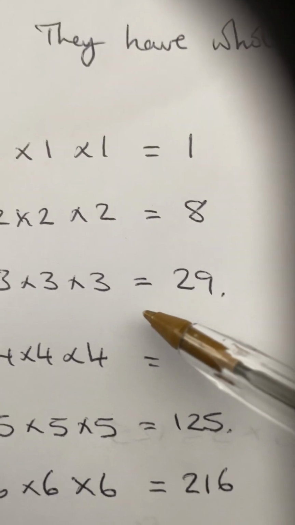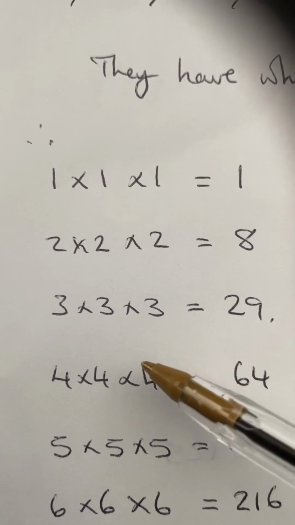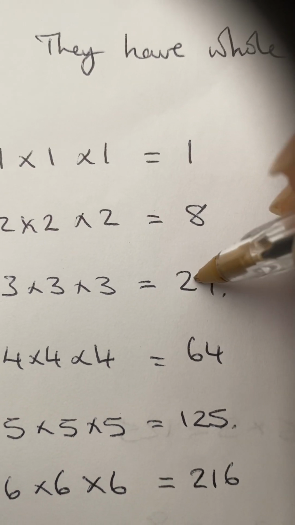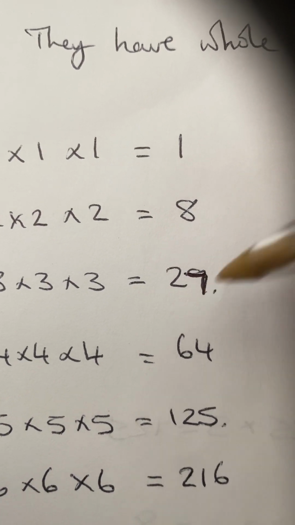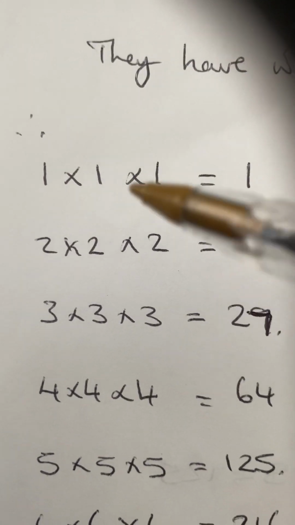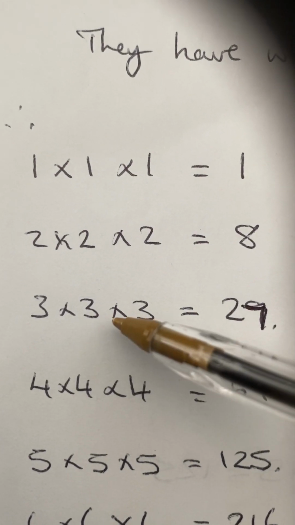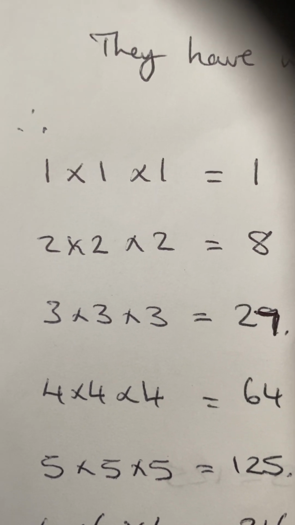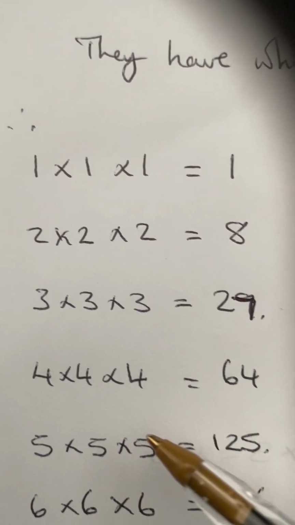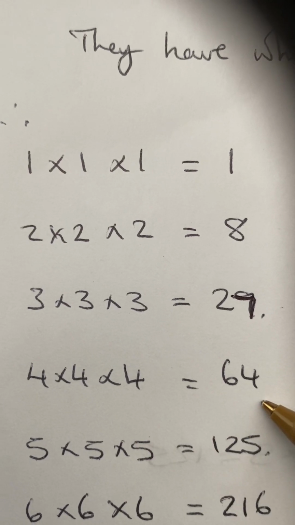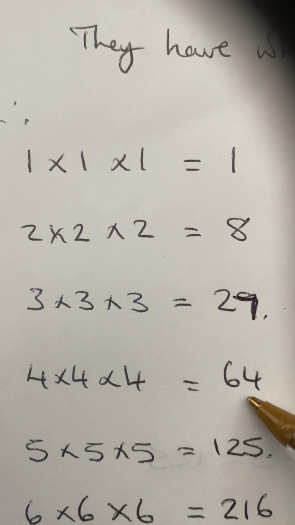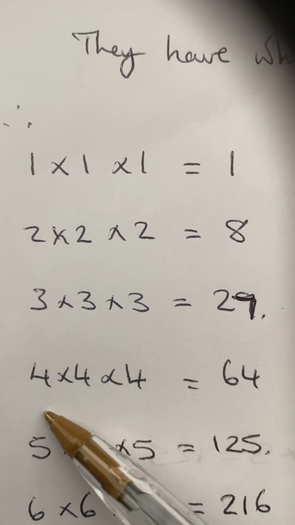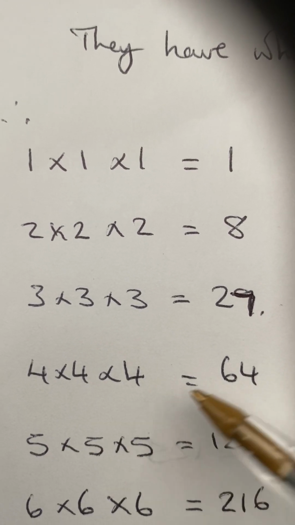The cube root of 27 is 3, because 3 times 3 times 3 is 27. The cube root of 64 is 4, because 4 times 4 times 4 is 64.